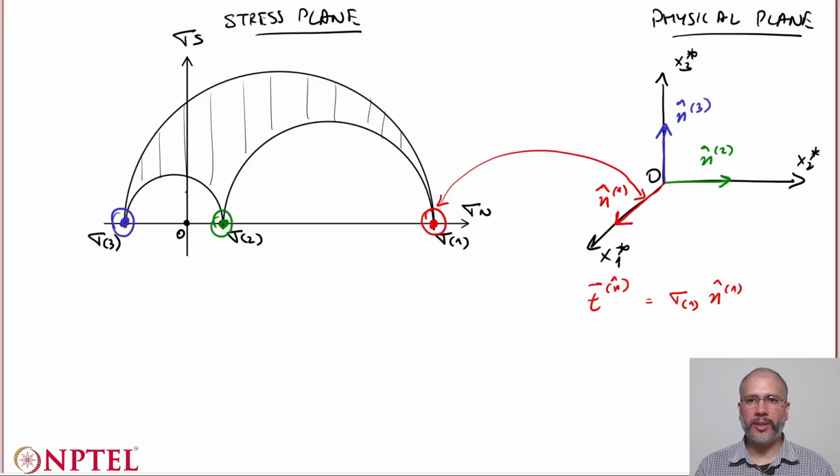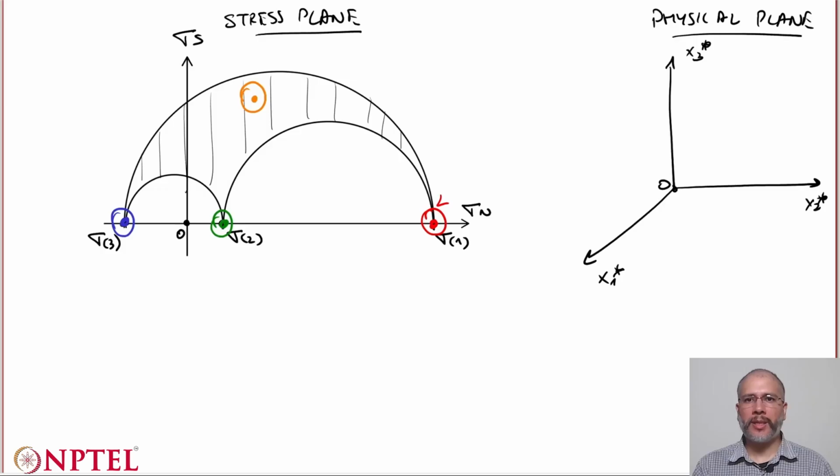So we can start to see that different normals in the physical plane will give us different points in the stress plane. I've taken these special situations where the normals are aligning with the principal directions, so that gives us points on the sigma n axis. But if I was to take some general normal, let's say like this, and we call it some general n hat, that would correspond to some general point here in the stress plane region, because this point will have both a shear stress and a normal stress.